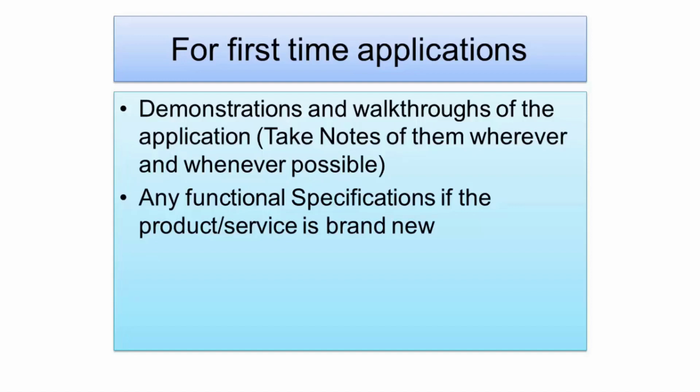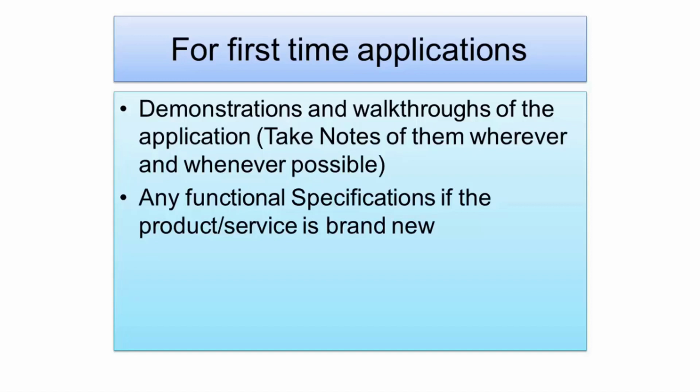This will also be a good time for you to gather any functional specifications of the product and any other related documentation that was used in the making of the product, as these will only help clarify the functionality of the application, product, or service that you are writing about.